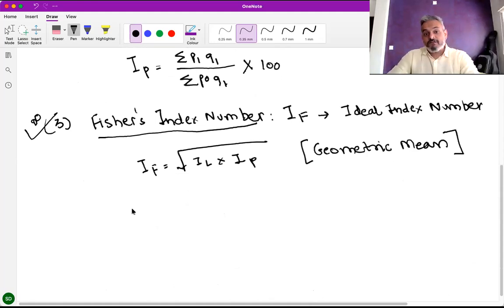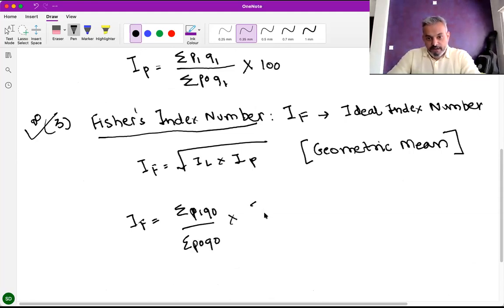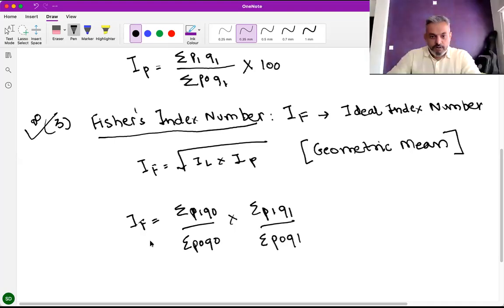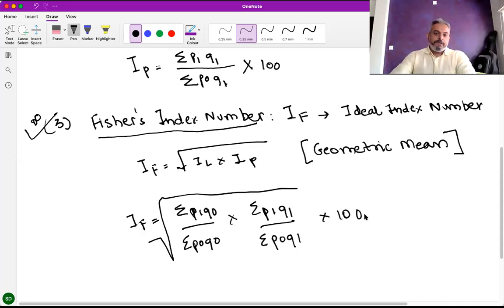If directly you are asked to find out only Fisher's index number, then you have to write this formula: sigma P1 Q0 upon sigma P0 Q0 into sigma P1 Q1 upon sigma P0 Q1, the whole under root into 100. So if a sum comes where you are asked only to find out Fisher's index number, then you have to use this formula.